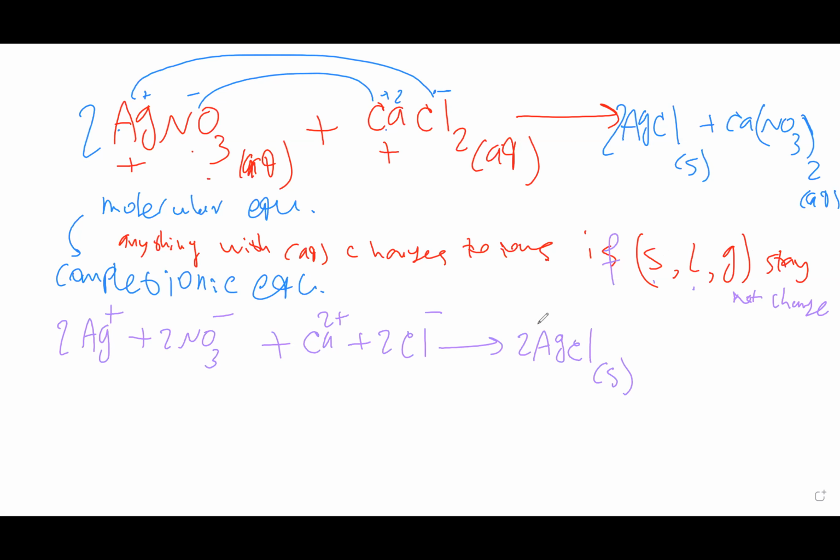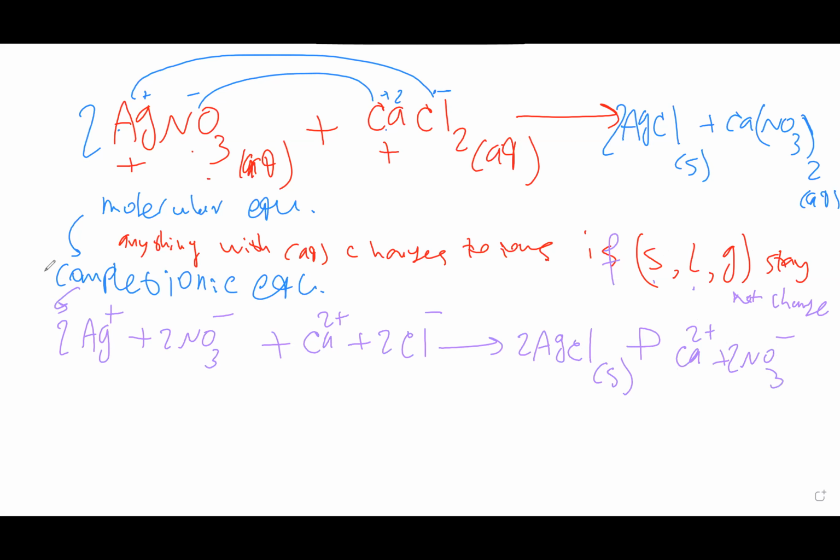It's going to stay. So AgCl is solid, it is going to stay. Plus calcium nitrate. So calcium is going to be Ca2+, and nitrate is going to be minus, but we have 2 of them. Okay. So I change everything that is AQ to ions, and this is the complete ionic equation.